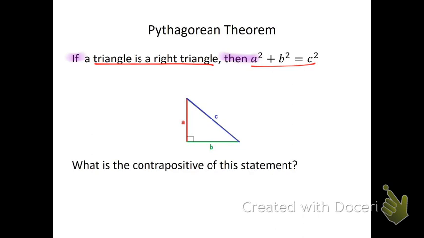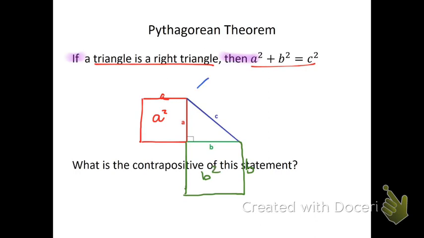One way I want to think of this: if I had a length of a on the triangle, and I did a times a, a squared could be represented by the area of that square. And if I had a side length of b, and I made a square off of it, we know the area of that square could be b squared.